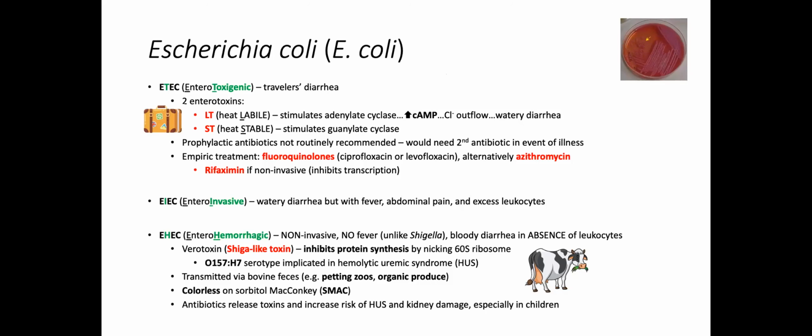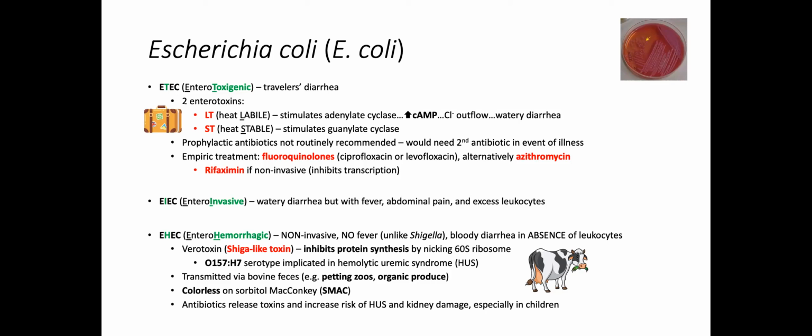So E. coli. So we've got ETEC, which is our traveler's diarrhea. It has two enterotoxins, LT and ST. LT is heat labile, ST is heat stable. Our heat labile stimulates adenylate cyclase, so you've got an increase in cAMP and chloride outflow, and it results in watery diarrhea.